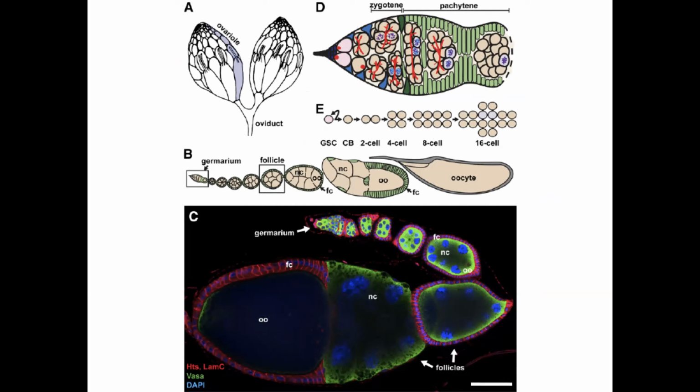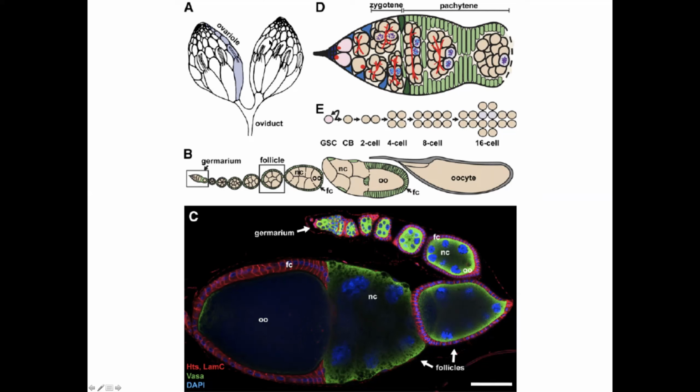Now we see here actually how an egg develops. This is the Drosophila female germline, and you have these two ovarioles, and this is the oviduct, which is what I was mentioning last class. It's like a flower. It's very interesting if you ever get a chance to dissect the Drosophila ovaries.